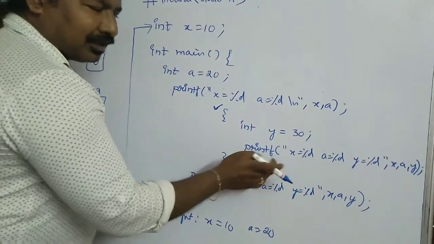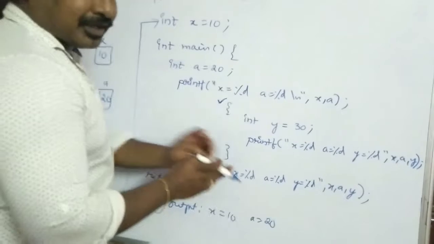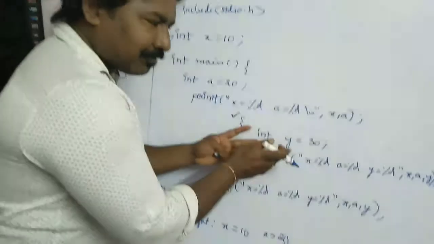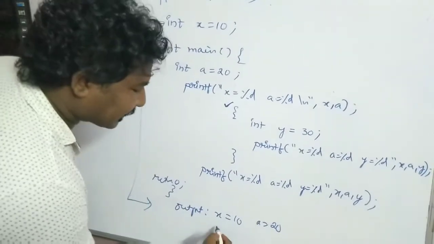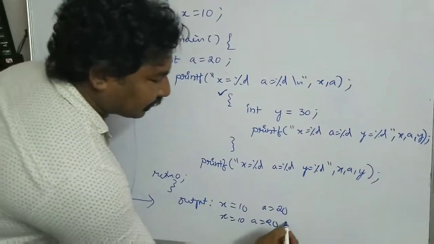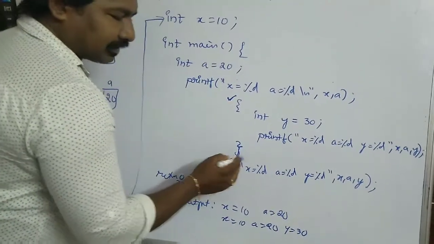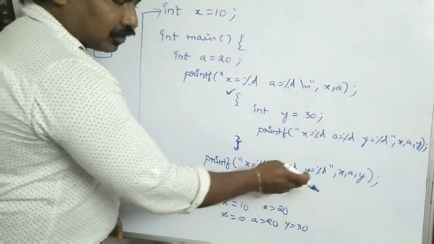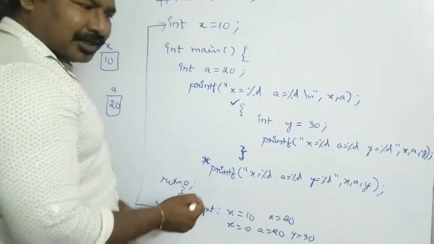Now I print the global variable, the variable of the main function, and the variable within this new block, and happily I get x equals 10, a equals 20, and the new variable y equals 30. Now I have closed this block. I have come out of this block and am trying to print all three variables again. This particular statement will give me an error.